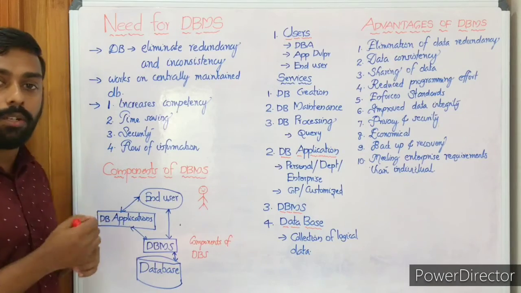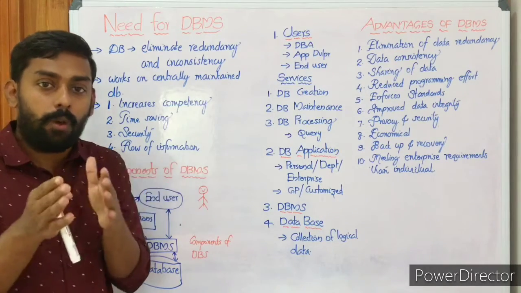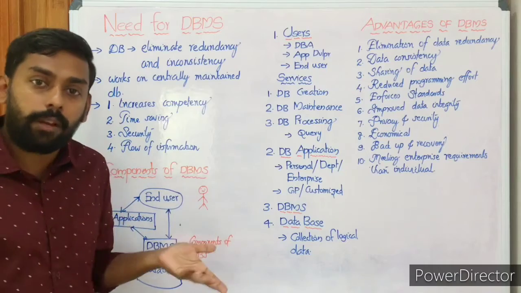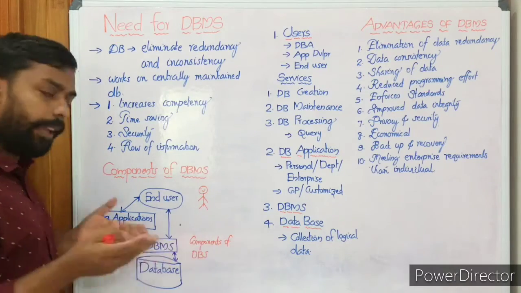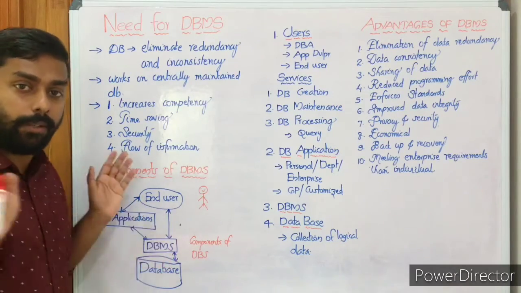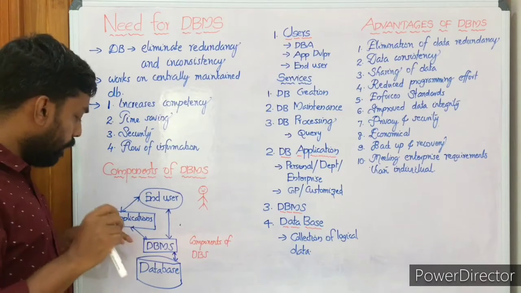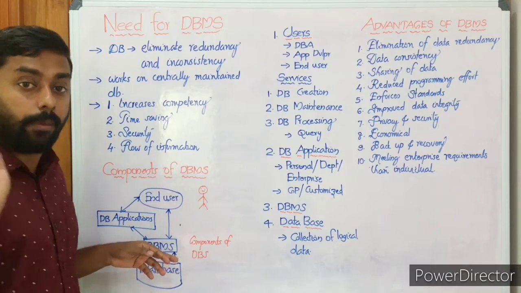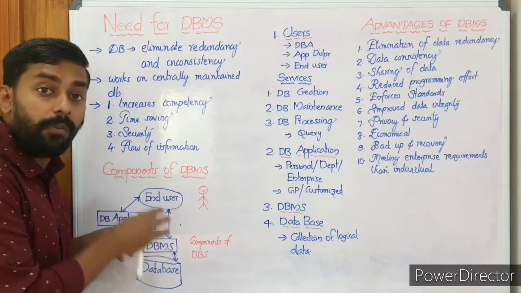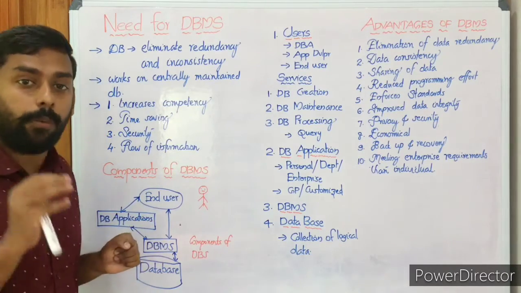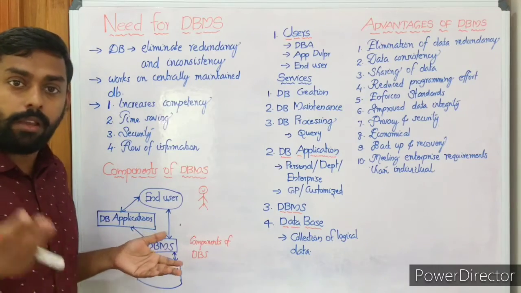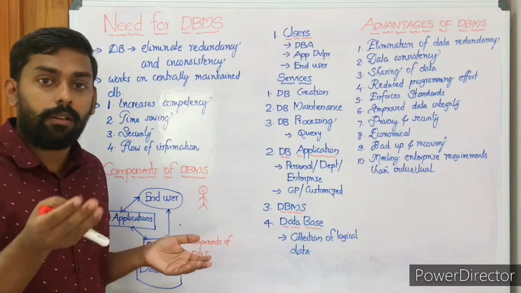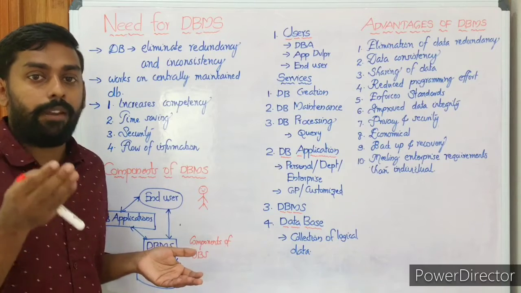Then database applications: a special software or special application designed for database. Or we can say database program. That's what a database application is. Then database management system: it's a software package used to manage the database. The database management system is the software part, and the final component is the database, the place where we store data, and not only store, we manage data.